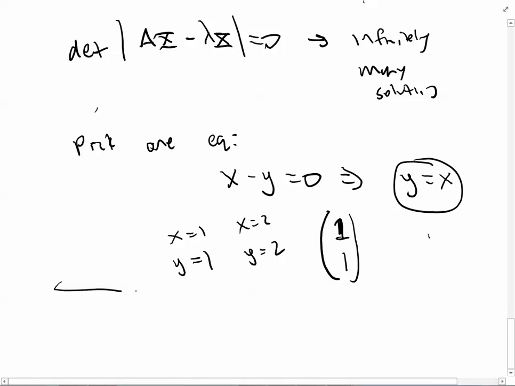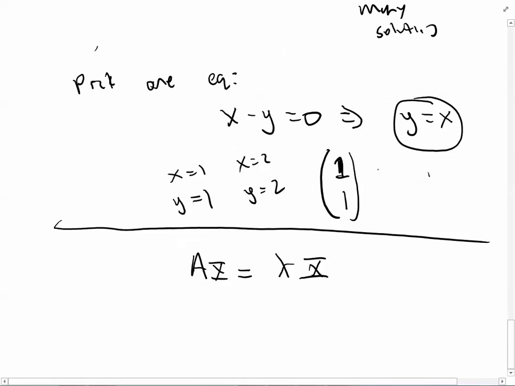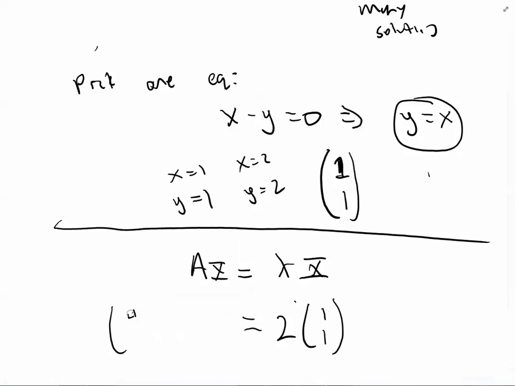Okay, so in other words, if I take any vector with this lambda, so 2x, and in this case my A is basically my 4, negative 2, 1, 1, times 1, 1, that definitely satisfies this equation.